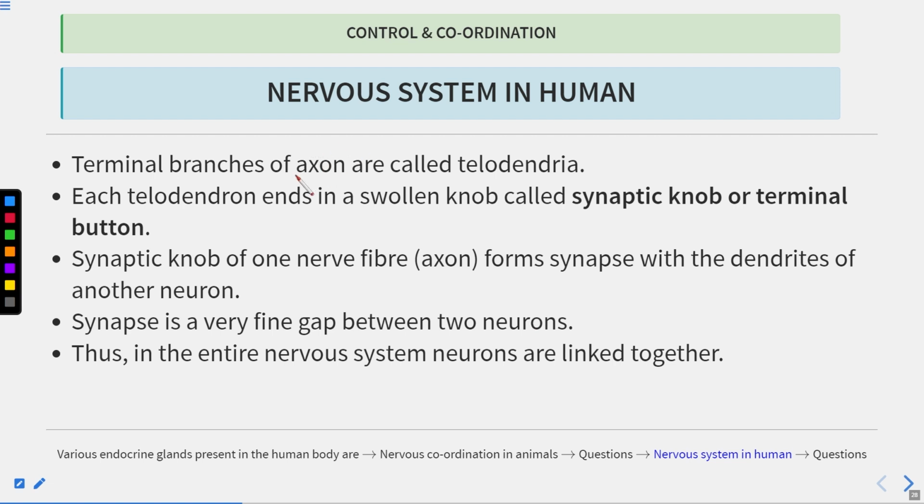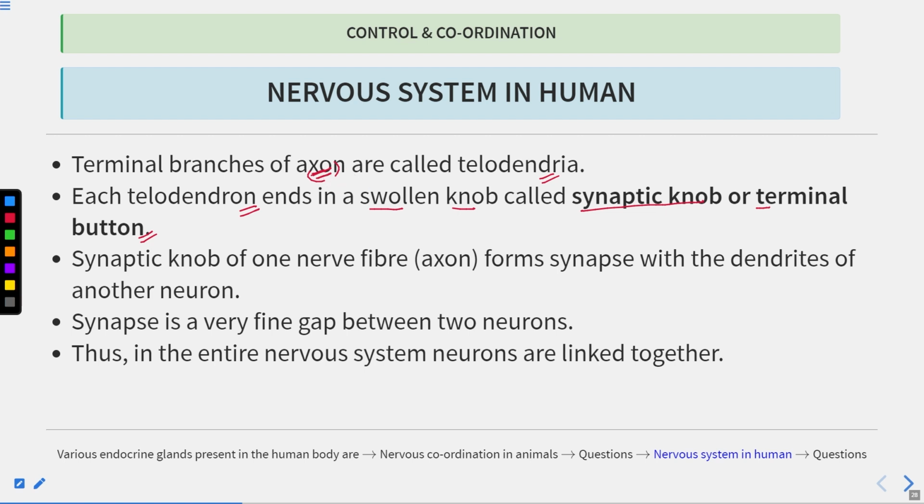Now, the terminal branches of the axon are known as the telodendria. And each telodendrion ends in a swollen knob known as the synaptic knob, also known as the terminal button. So first we talked about the dendrites, then we talked about the cell body. The cell body gives rise to the dendrites only, and the axon is attached to the cell body.